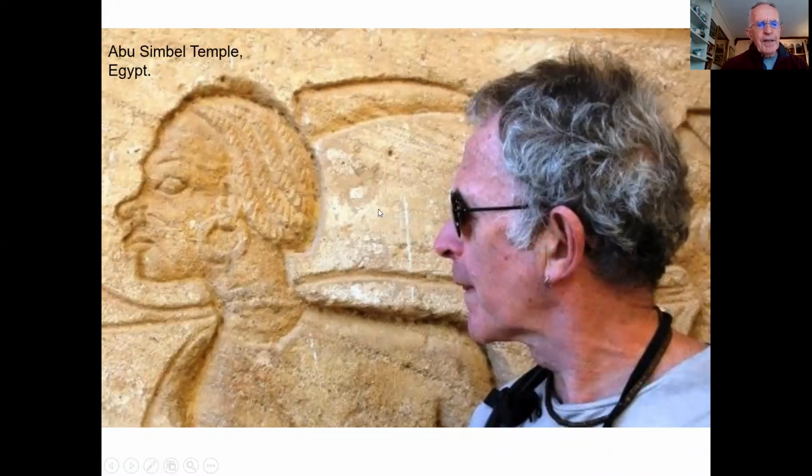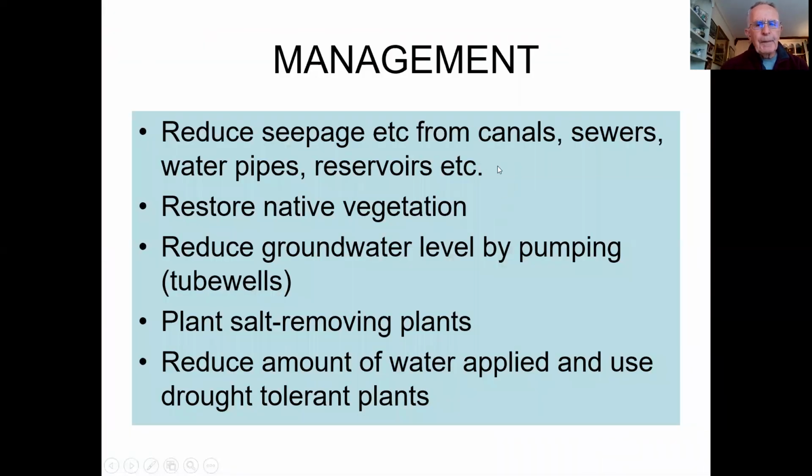There are some areas in deserts which are relatively free of weathering. And this is an example from Egypt, where the great carvings at Abu Simbel were for many years protected from weathering by being covered over by blown sand. And there are various things we can do to try and reduce the effects of salt weathering.